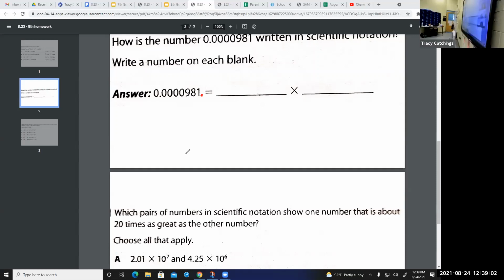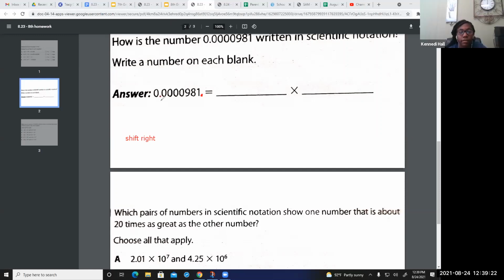All right, somebody else? You go shift to the right. How many times? Five. Okay, Kendra said 5.